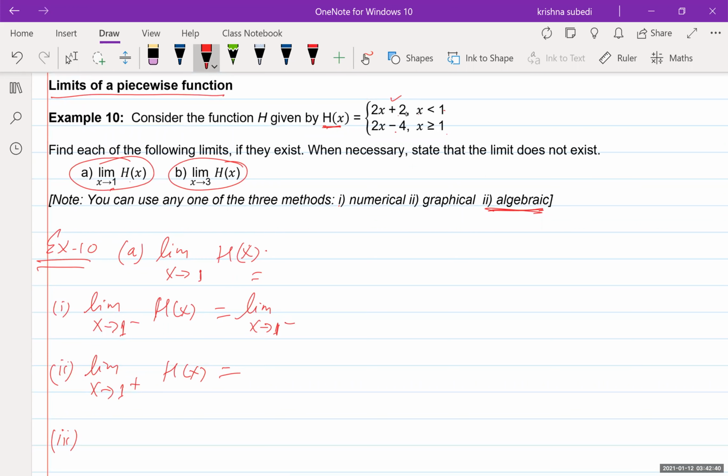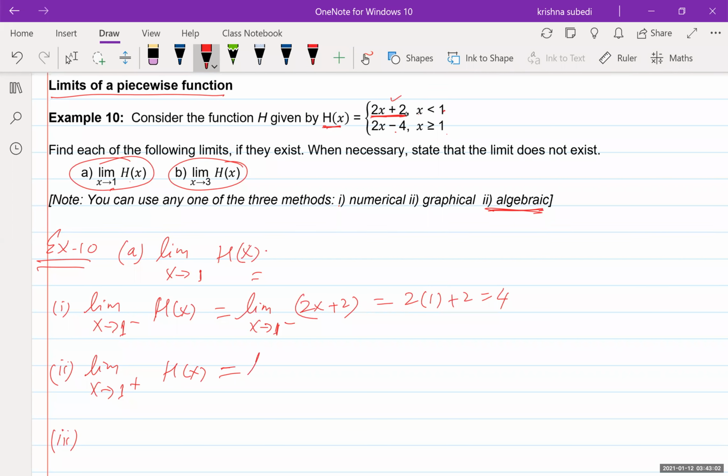First one. First one, because the second piece is for x greater than or equal to 1, so when x is a little bit less than 1, we must consider the first piece. The first piece is 2x plus 2. So I'm going to get 2 times 1 plus 2, which is 4.